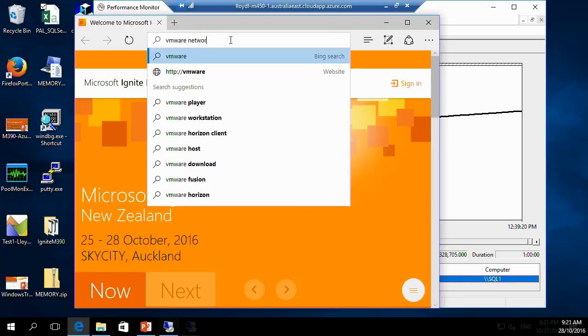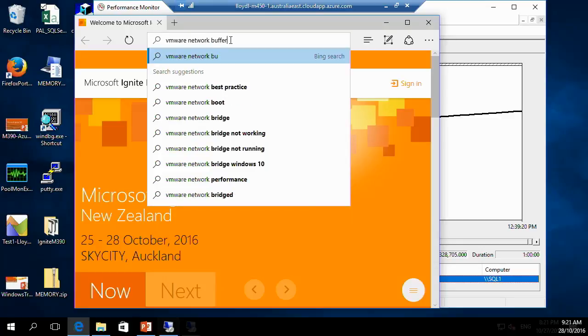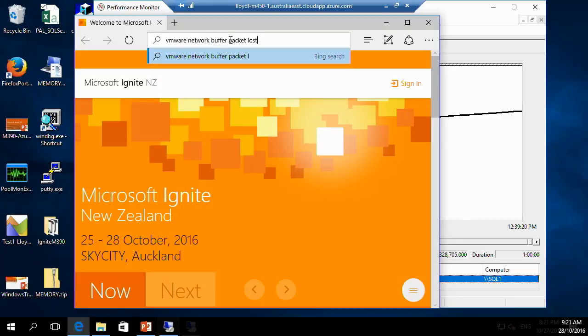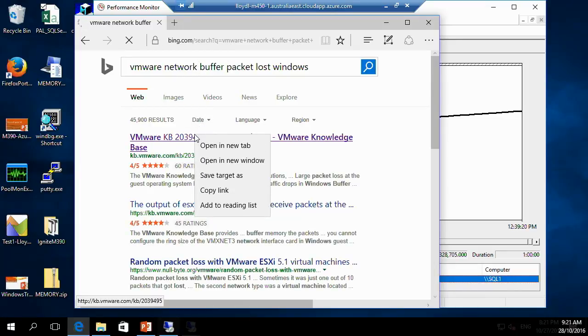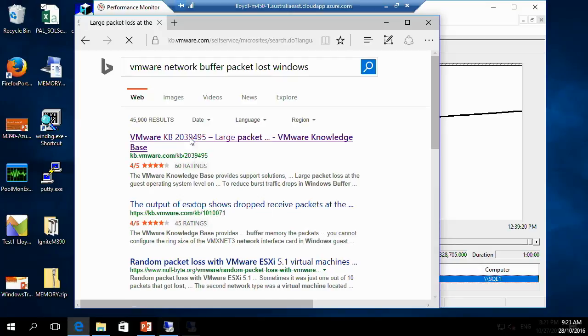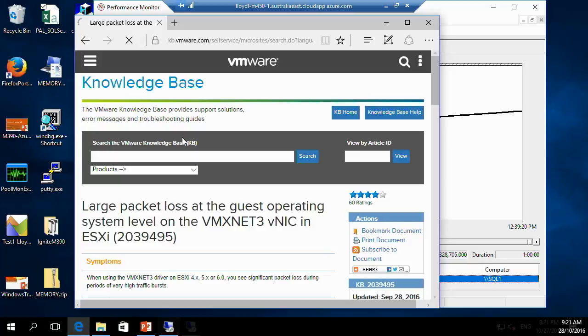VMware, network, buffer, packet loss, Windows. And observe here. See that? Known issue. And actually, most people are not aware of it because you don't actually hear of it. And they tell you here, you get a large packet loss at the guest operating system level at the VMXNET3, which is actually the main adapter that almost everybody uses.